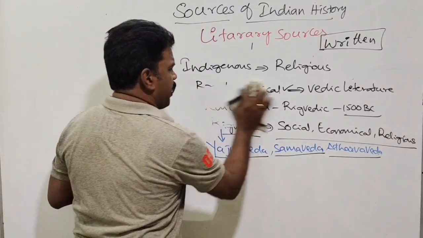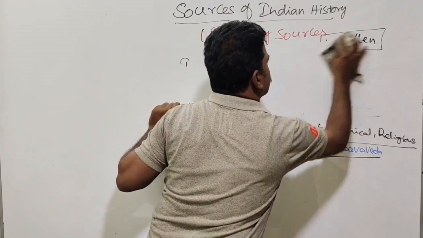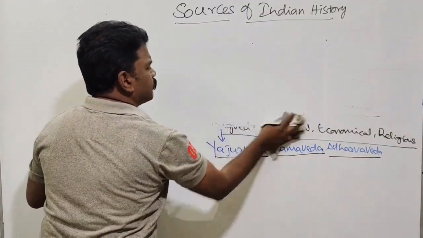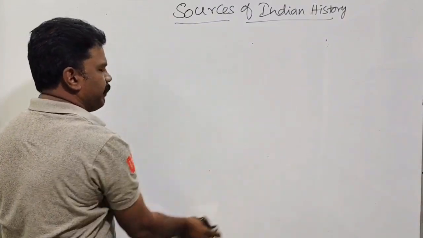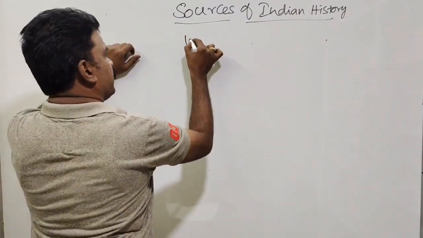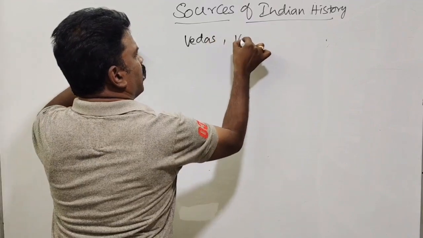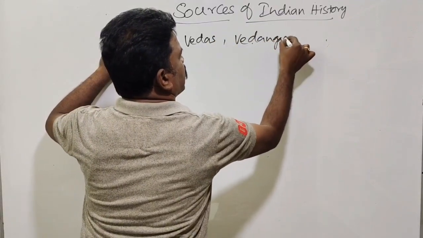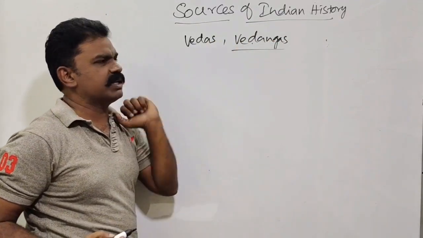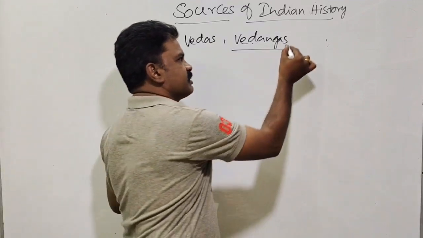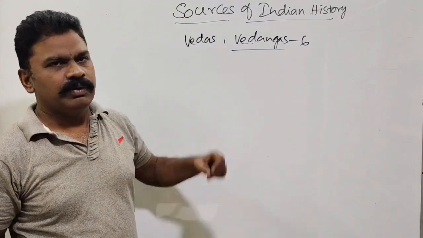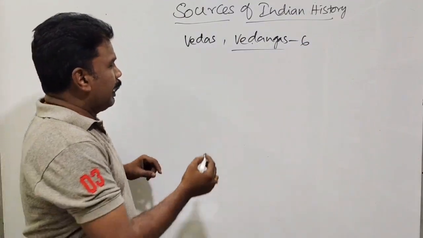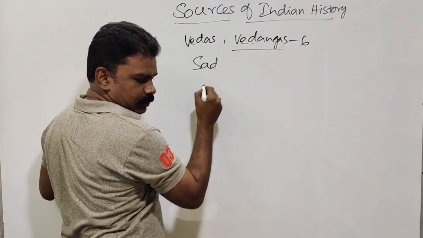Along with the Vedas, Brahmanical literary sources also include Puranas and epics. First Vedas, next Vedangas. Vedangas are used to understand the Vedas. There are six Vedangas. Then Saddarsanas.